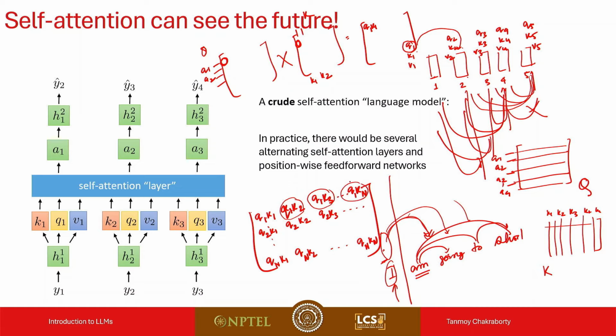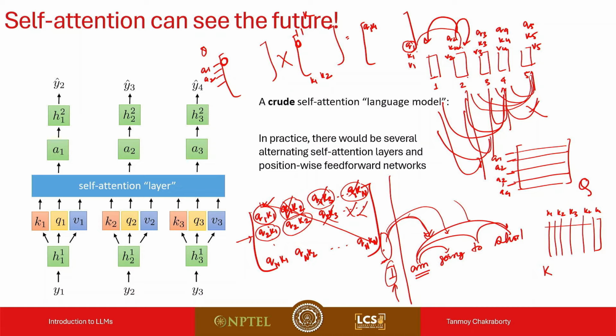This is also not allowed. Only this is allowed. Look at this part. Q2K1, yes, Q2 can attend to K1. Q2 can also attend to K2. So this is allowed, but the rest are not allowed. If you think of it carefully, essentially you are dividing the matrix diagonal wise, and the upper part of the diagonal elements are not allowed, and the lower part of the diagonal is allowed.